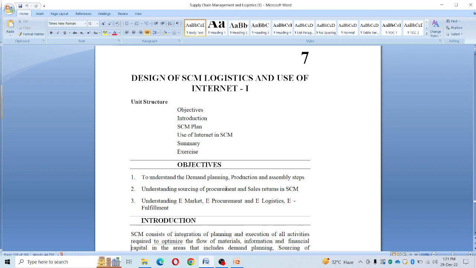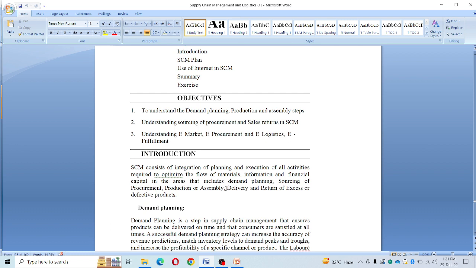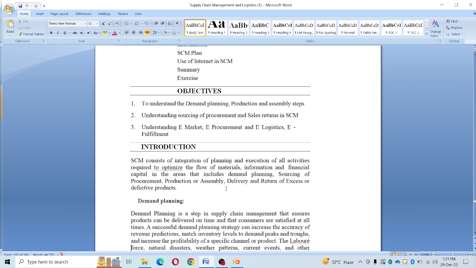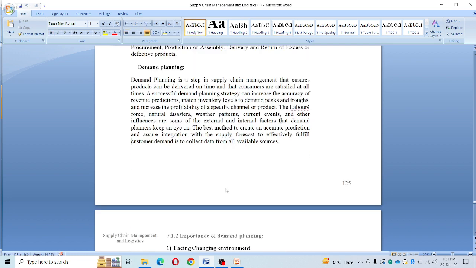Also, the objectives of the said chapter are to understand demand planning, production and assembly steps, also understanding the sources of procurement and sales return, and e-market, e-procurement, e-logistics, e-fulfillment, all these concepts. That is, particularly we can talk about the use of internet technology when it comes to SCM, we are going to discuss. So let us first begin with the demand planning as such.